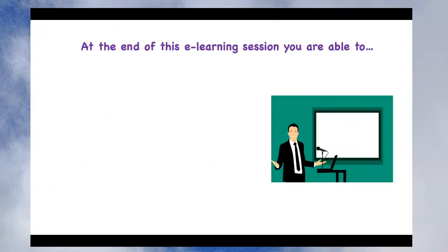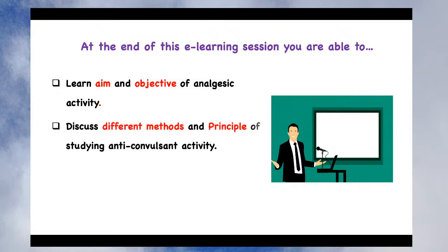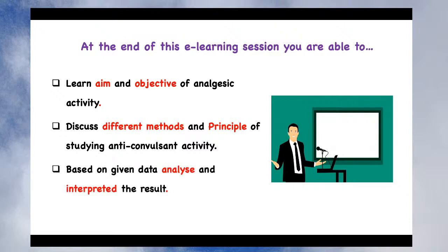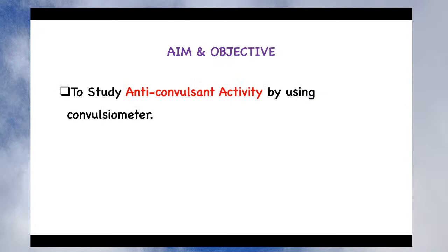At the end of this e-learning session, you will be able to learn the aim and objective of this experiment, discuss different methods and principles of studying anticonvulsant activity, and lastly, based on given data, analyze and interpret the result of this experiment. Let's start with the aim and objective of this experiment.